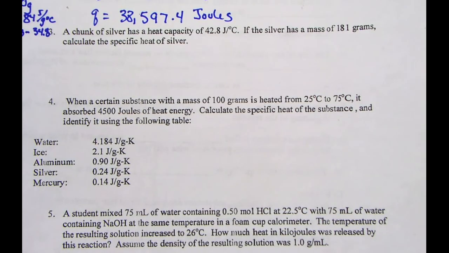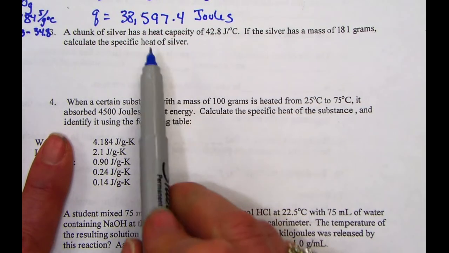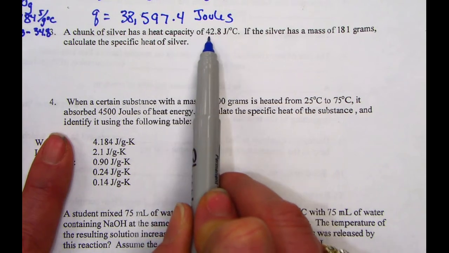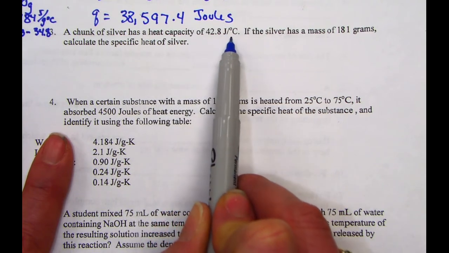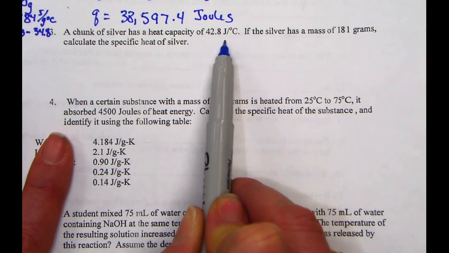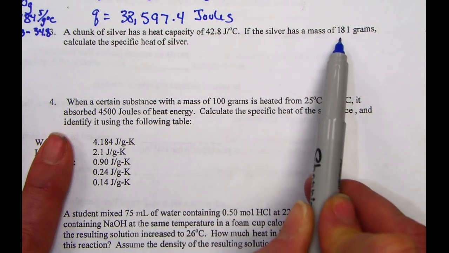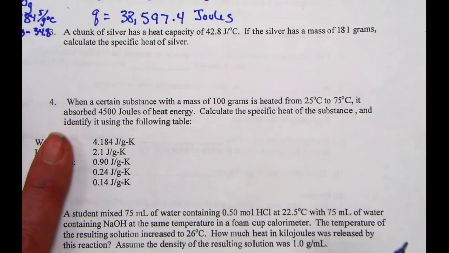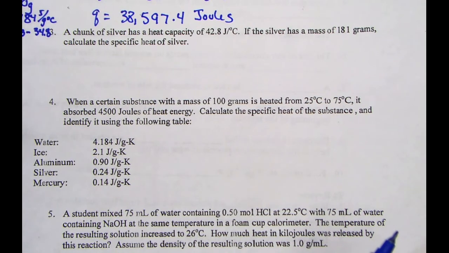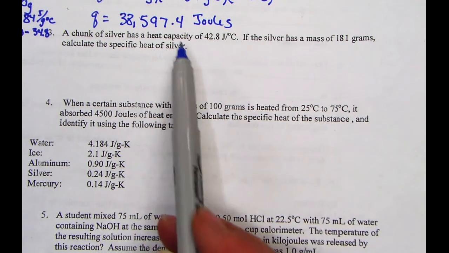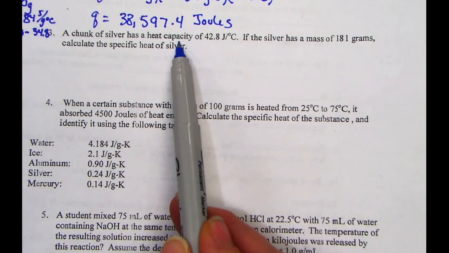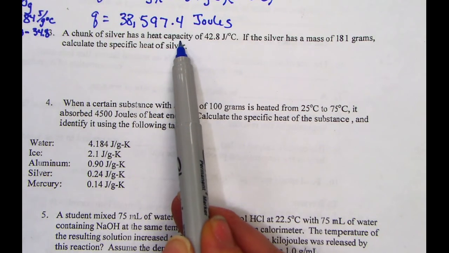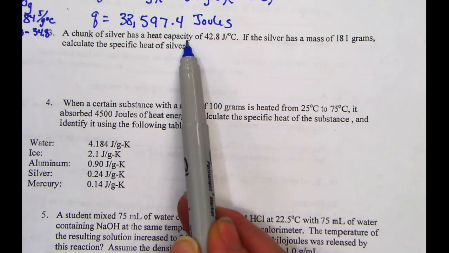In our third homework problem, a chunk of silver has a heat capacity of 42.8 joules per degree Celsius. If the silver has a mass of 181 grams, calculate the specific heat of silver. We are being asked to convert heat capacity, defined as the amount of heat energy necessary to raise the entire object by 1 degree Celsius.